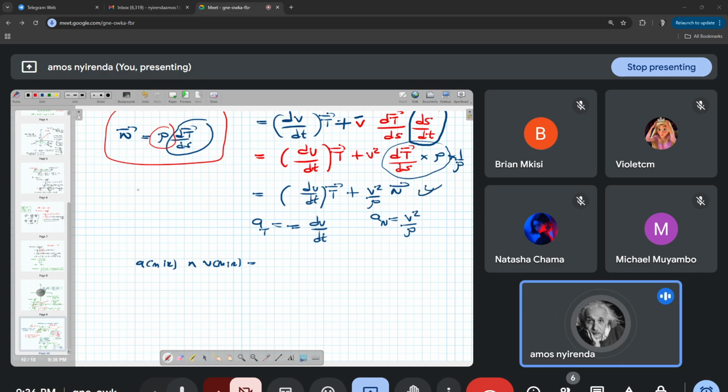So here I'm going to have dv divided by dt, and then you have a t here, and then plus v squared divided by rho, in the direction of n, and then vectorial the velocity, which is vt.